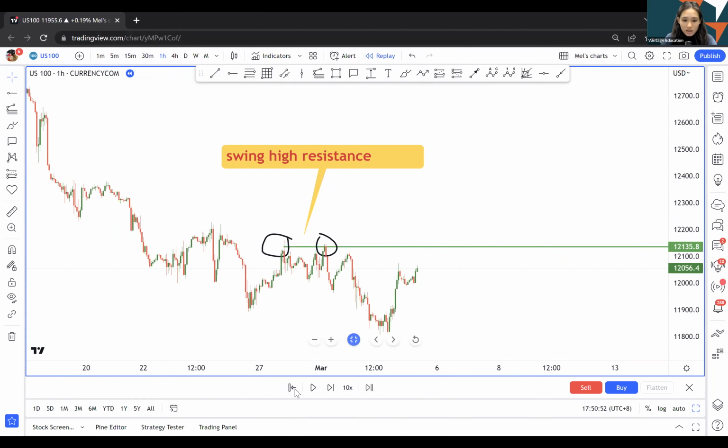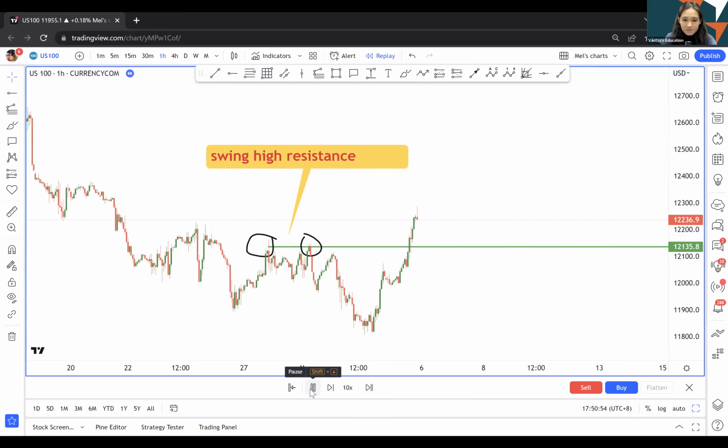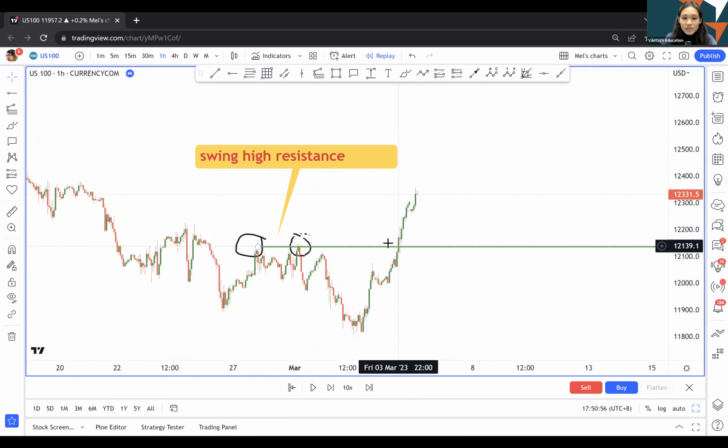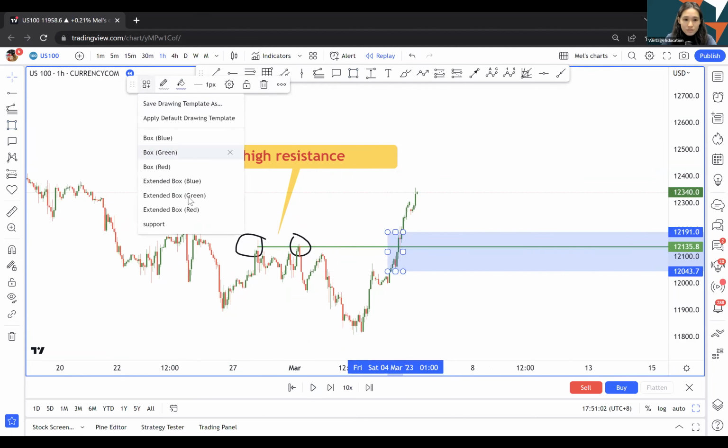Okay, let's see. Here we see price has passed through this level here. And we are expecting price to pull back to the same 121.35 level. So now it's a pullback support.